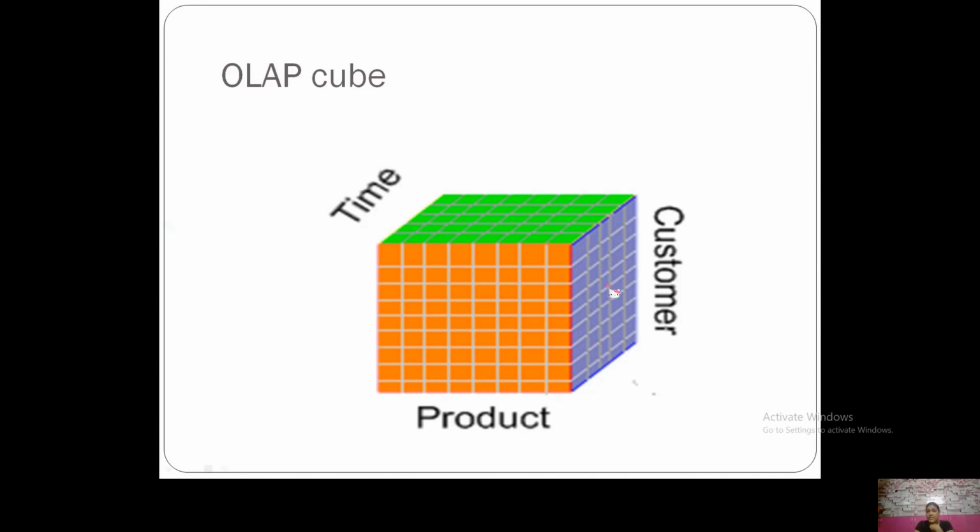And on the customer side, we'll be storing the customers who buy the product, and we can analyze all the three at once by using an OLAP cube, which is not possible in a two-dimensional or graphical way.